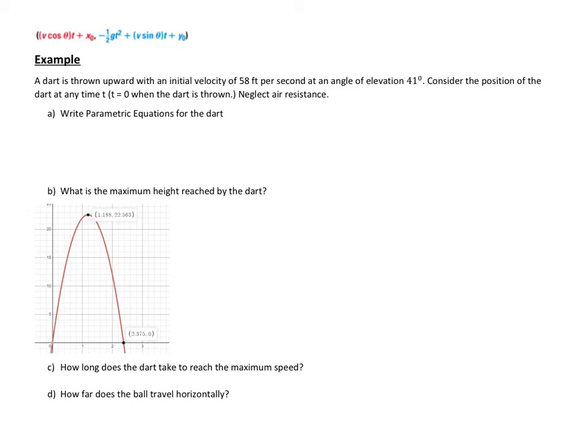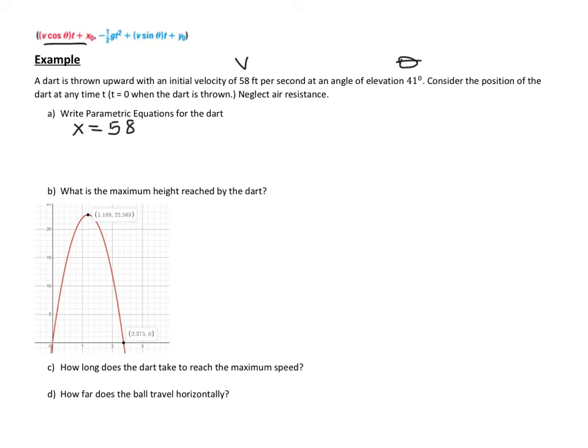So the parametric equations, I'm going to start with x. So what is x going to be? I know the equation, so the equation is right here. I'm just plugging in the variables. So it's going to be 58, because v is 58 and theta is 41.